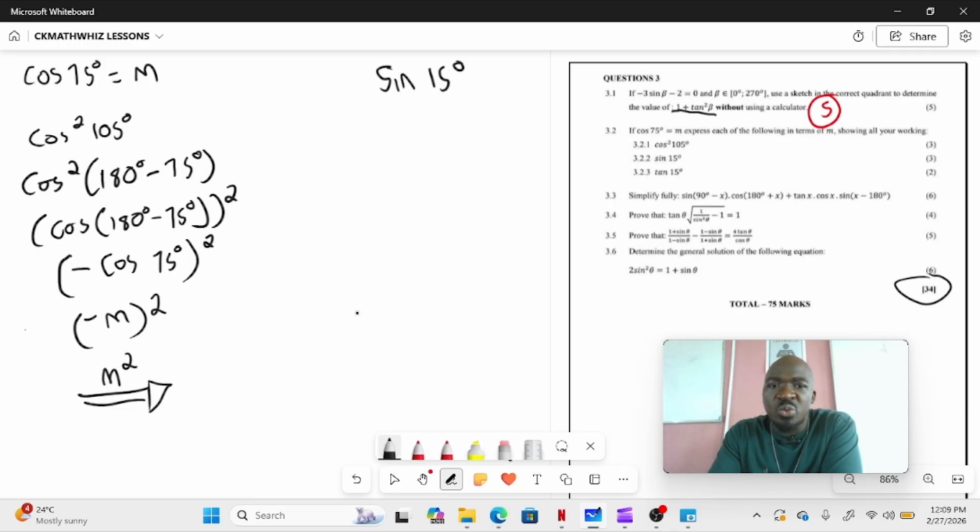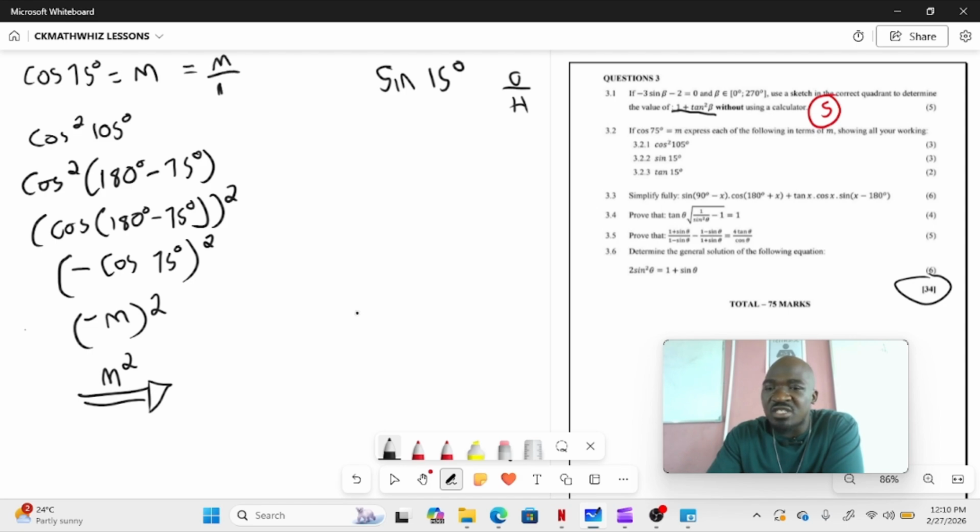Already we saw that sine 15 degrees is opposite over hypotenuse. Understand? And if it's opposite over the hypotenuse, then sine 15 degrees is simply, look at that one, m over 1.